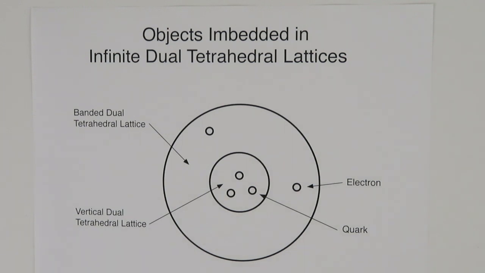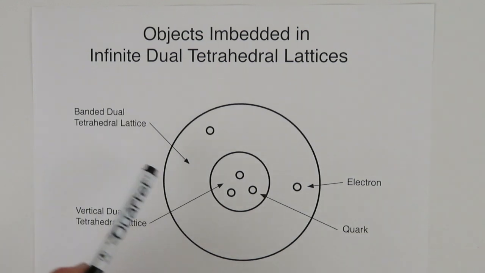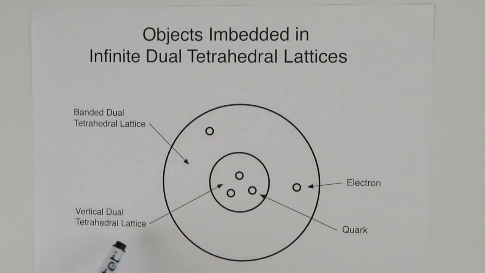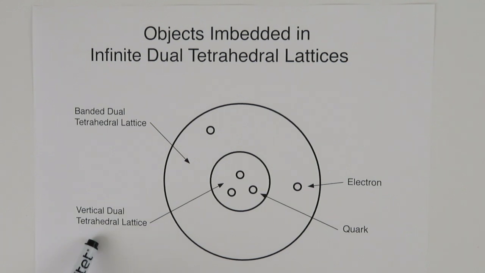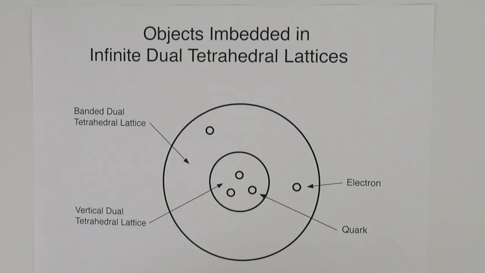This is a possibly plausible construction using the dual tetrahedral lattices, where we use the banded style of the lattice for the outer field and the vertical dual tetrahedral lattice for the inner field, or vice versa. It makes no difference in that respect.